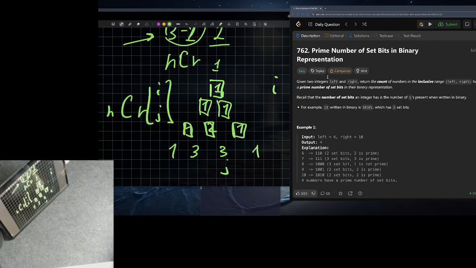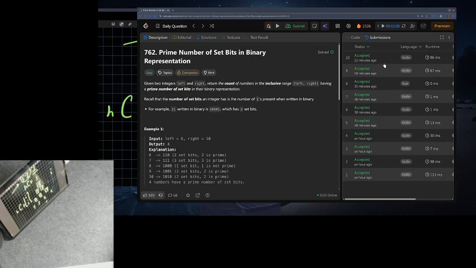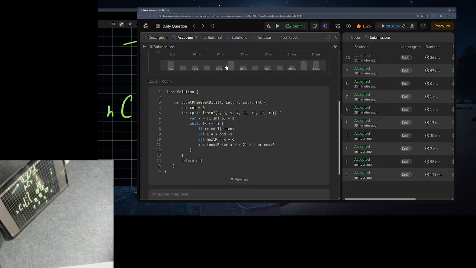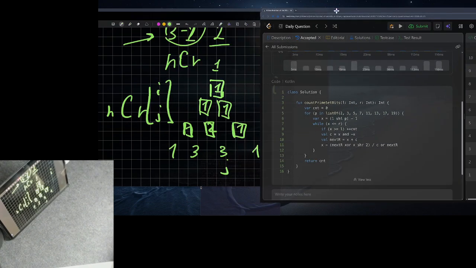Now let's look at another one. It has an interesting implementation. It is the same idea. We go over the primes, and then we find the next number that has exactly the same bit count.